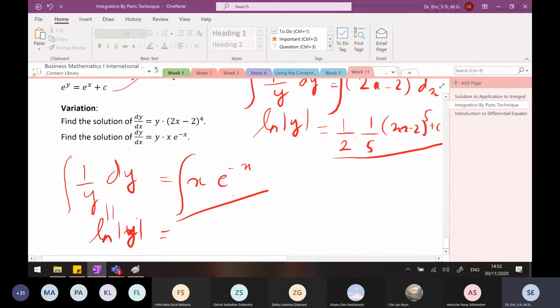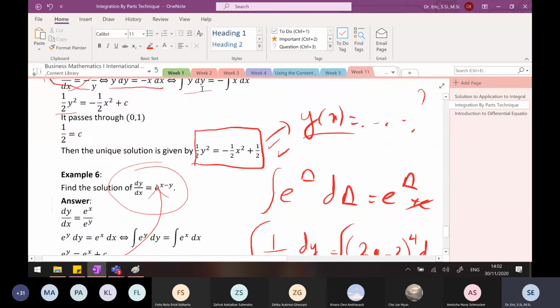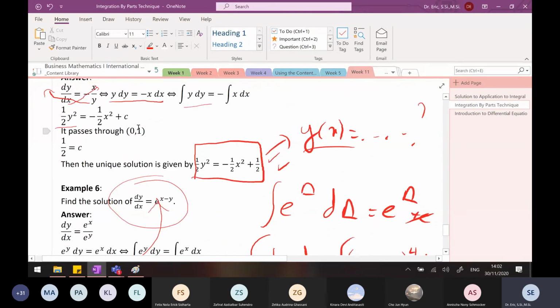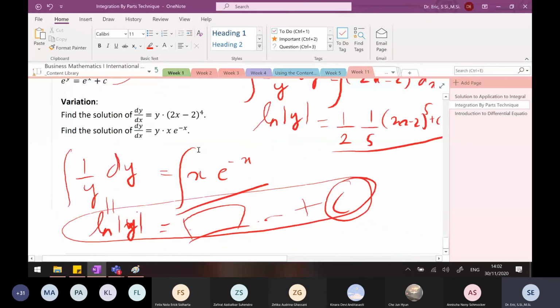I'm sorry. Yeah, and you will get something plus constant. So this is the general solution. If you want to find the unique solution, you have to have the initial condition like this, passes through (0, 1), or y(0) equals 1. If you have this, you will have all of this.